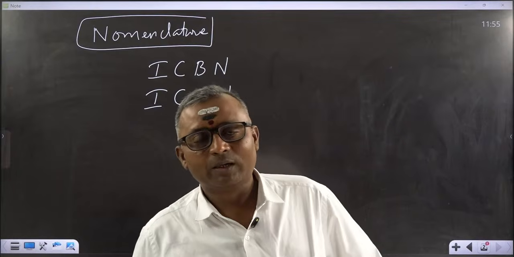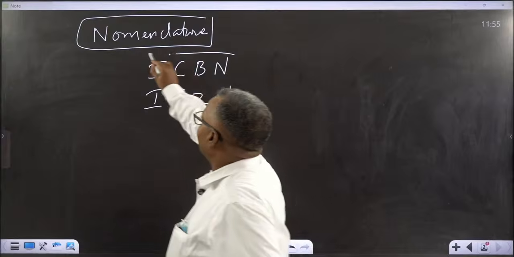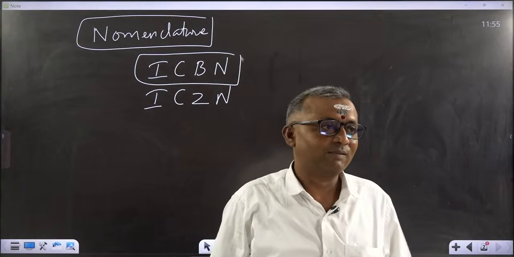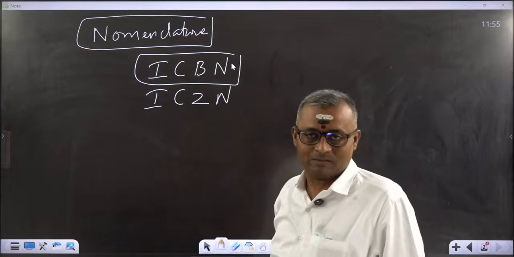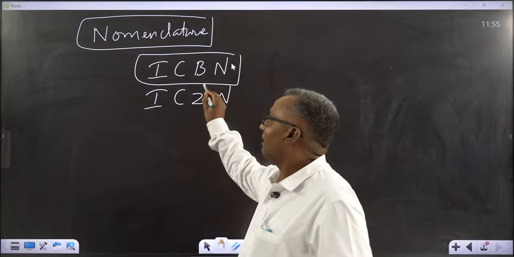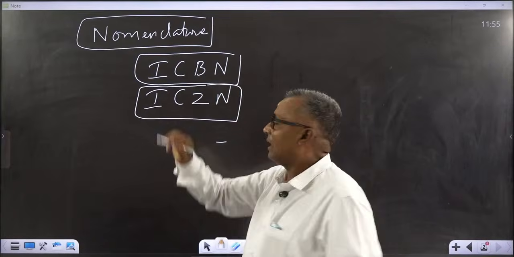So, in plant nomenclature, the criteria as well as principles related to the nomenclature was given in ICBN. Whereas for animal nomenclature, we have the same thing in ICZN.